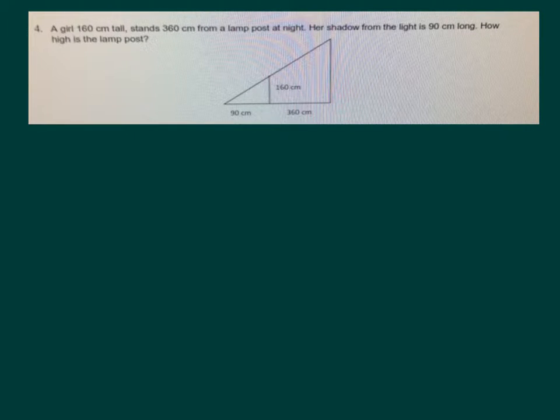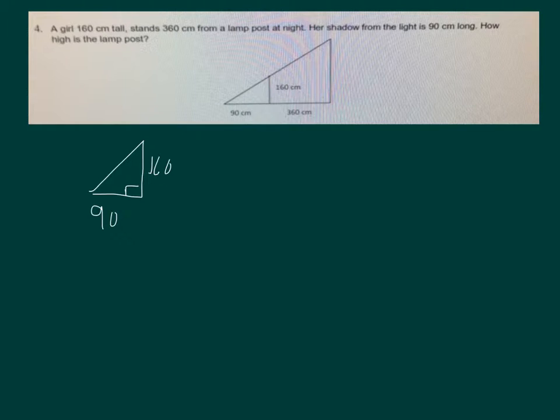I think what you're doing wrong here is this. When you decide on the two triangles that are similar, then you have the small triangle, which has a side of 90, and the vertical side is 160.